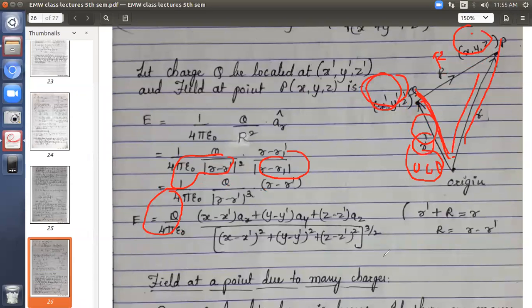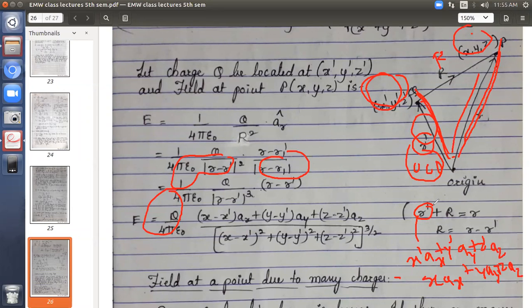So what is your r dash equal to? r dash is equal to x dash ax plus y dash ay plus z dash az. This is about r dash. Similarly, if you calculate for this r, it is x minus 0, so it is x ax plus y ay plus z az.